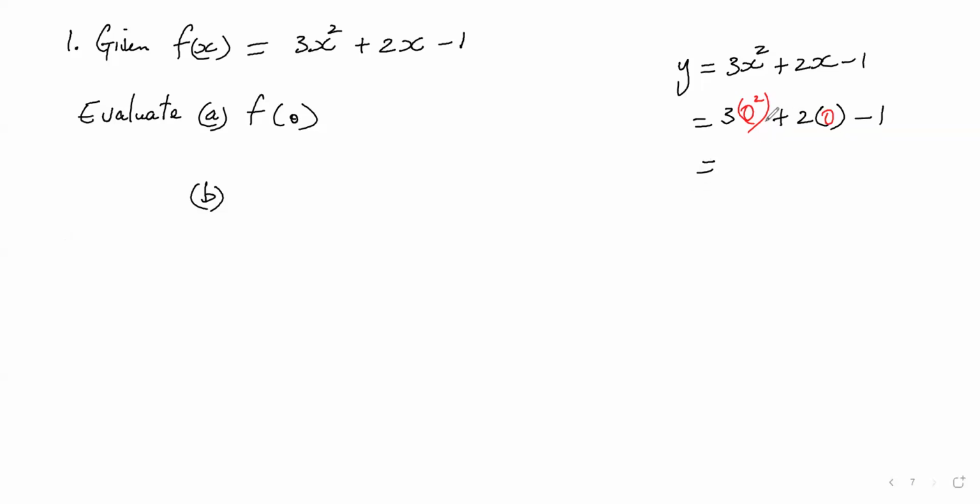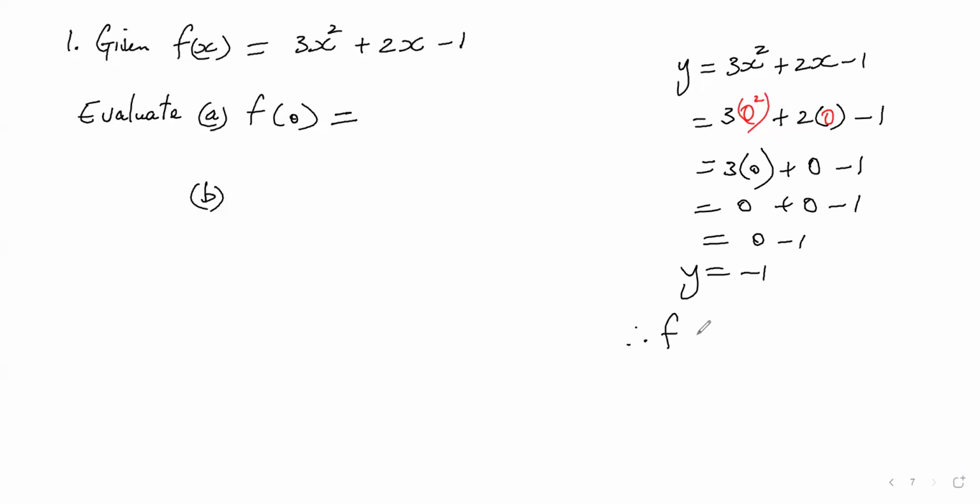So 0 squared, you have to do that first, and that will give me 0. 2 times 0 is 0. 0 times 3, 0. 0 plus 0, 0. 0 minus 1, so y is minus 1. So f of 0, you must write f of 0 is equal to minus 1.